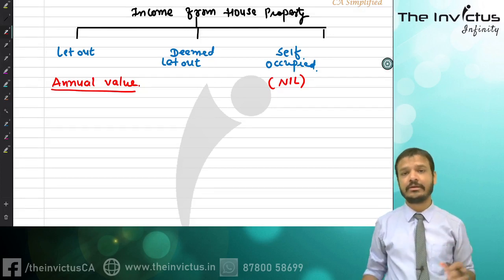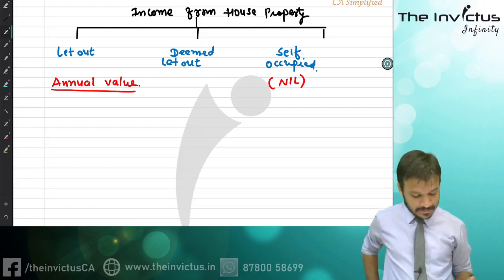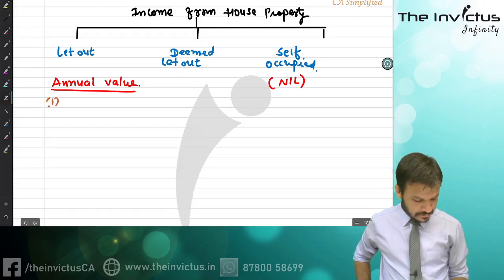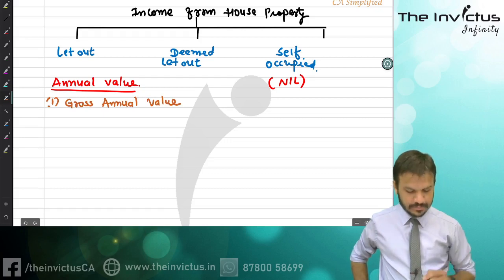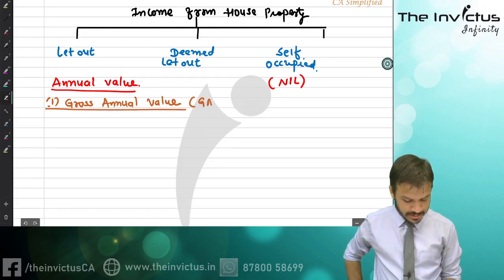I have discussed in a previous session the steps of computing house property. In the first step, I require gross annual value, known as GAV.